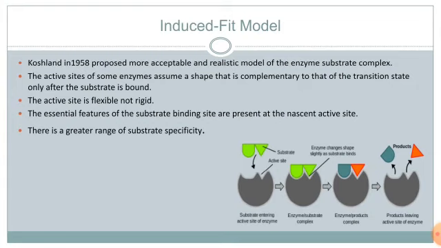The interaction of the substrate with the enzyme induces a fit or conformational change in the enzyme, resulting in the formation of a strong substrate binding site. Further, due to induced fit, the appropriate amino acids of the enzyme are repositioned to form the active site and bring about the catalysis.